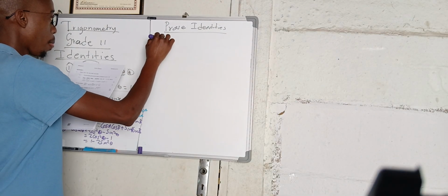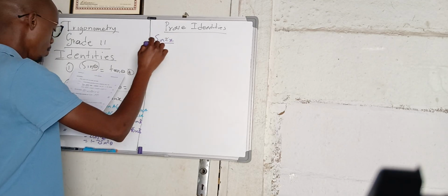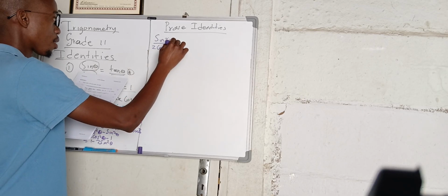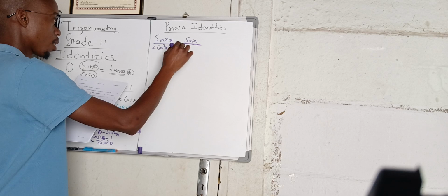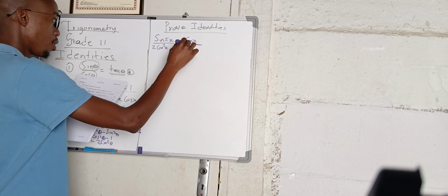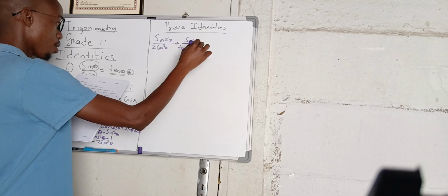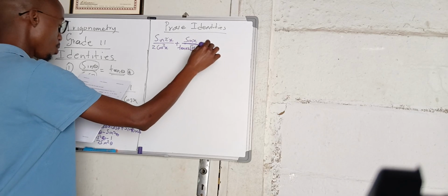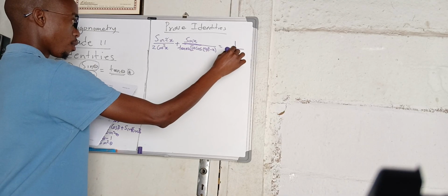We have sine 2x all over 2 cos squared x plus sine x, all over, it's a bit juicy underneath here, we have tan x into 1 plus, something that I forgot to do, but I'll do it as we go. We learn as we go, 1 all over cos x.